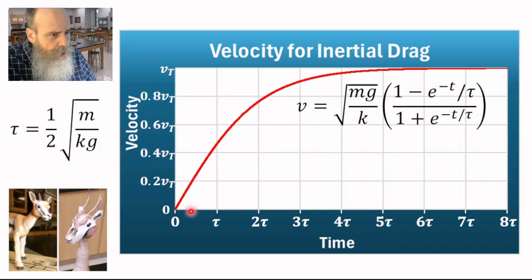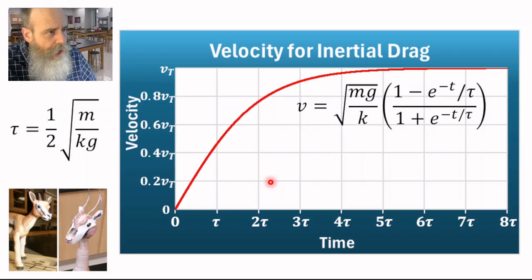When t equals 0, v equals 0. It is vt away from the final value of vt. When t equals tau, it is at 0.46 vt. If it was getting closer to the final value vt by a factor of 1 over e, it would be at 0.63 vt.